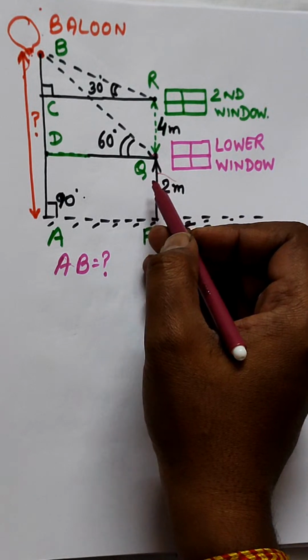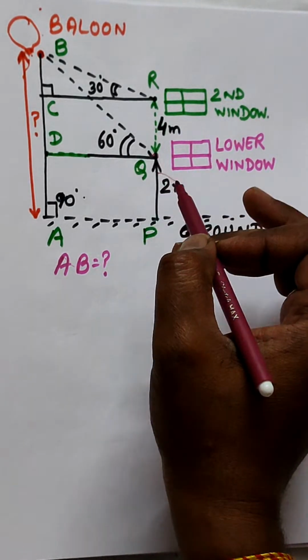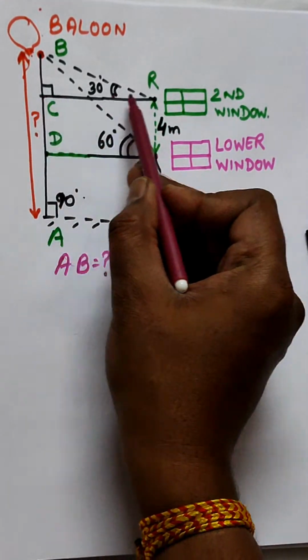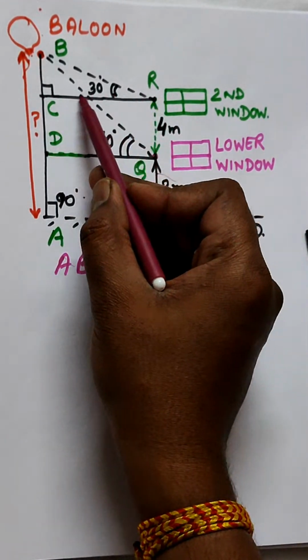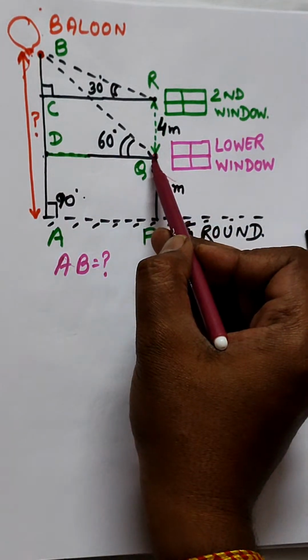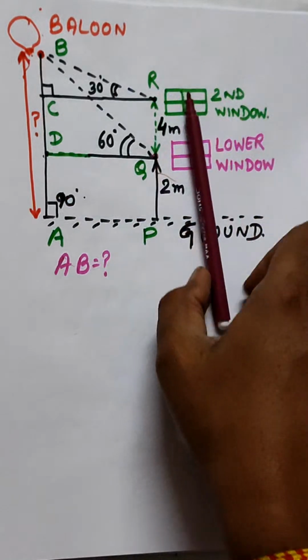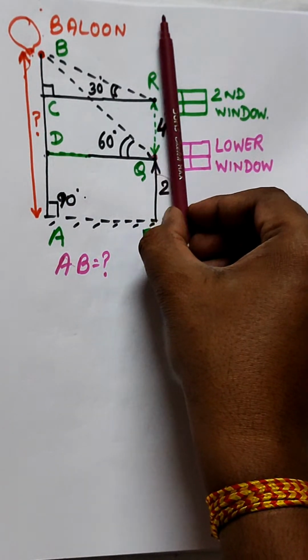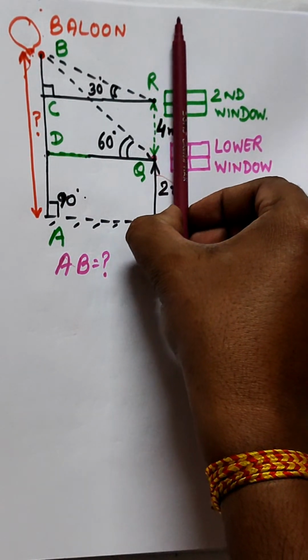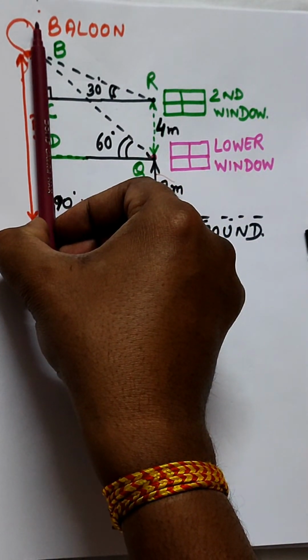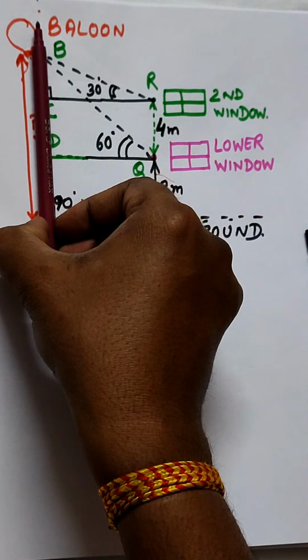First of all, consider what is the main thing which we need to consider over here: the distance between C to R and the distance between D to Q will always be constant, because if you are making a vertical straight line along the window, and this is also a straight line, the perpendicular distance of the balloon from the ground.